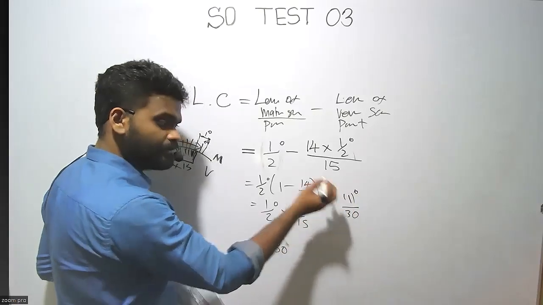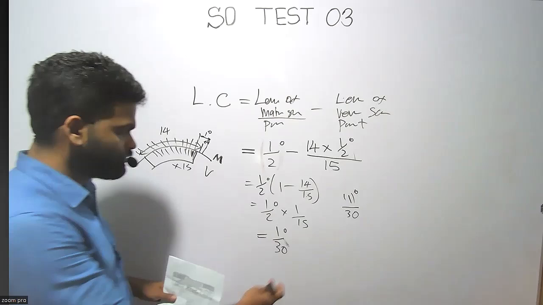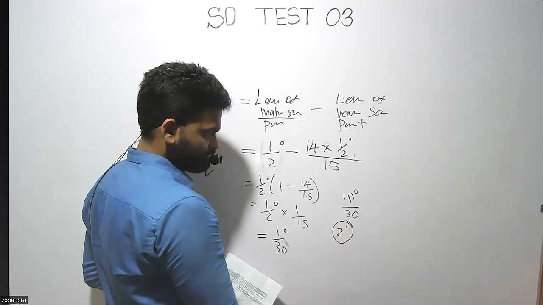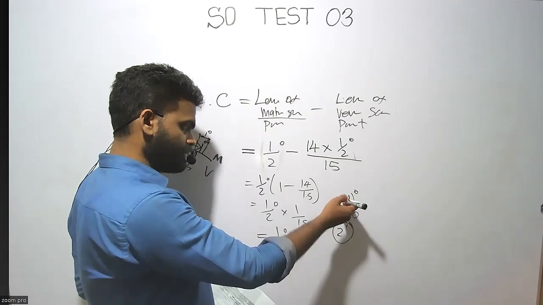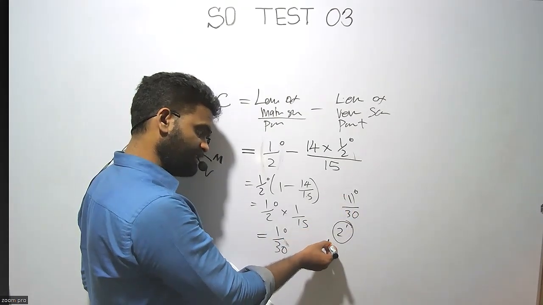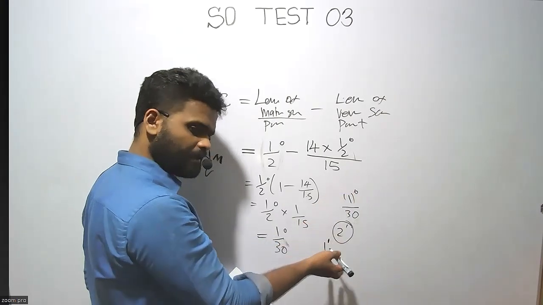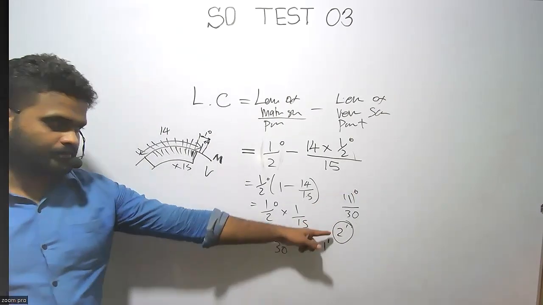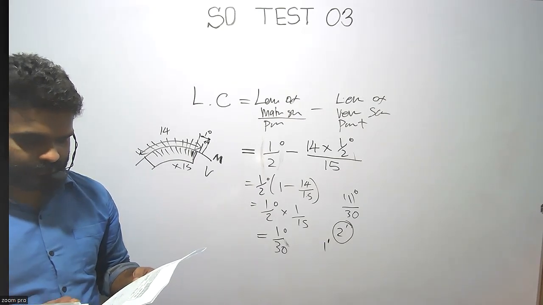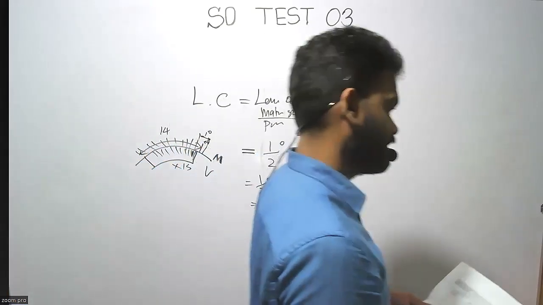That is around 2 minutes, right? 2 minutes. When you divide a degree into 30 parts, it should be 2 minutes. Okay. So anyway, the answer is the fifth one. So 1/30th of a degree.